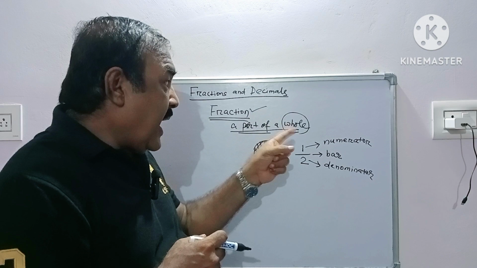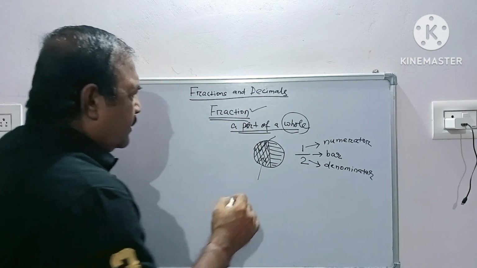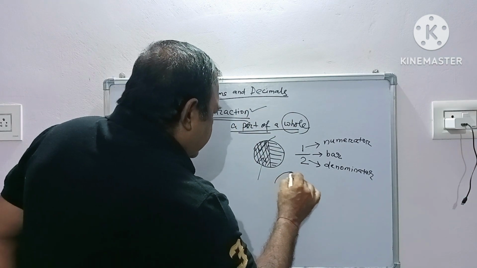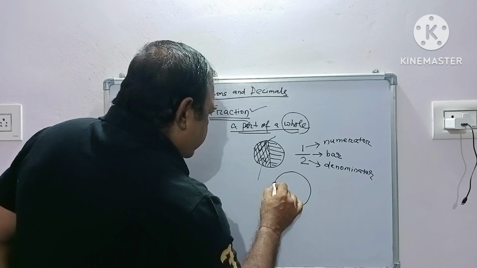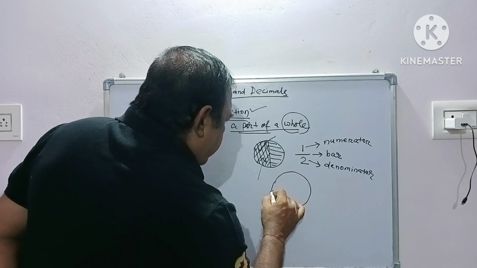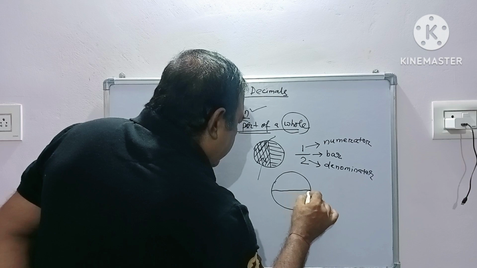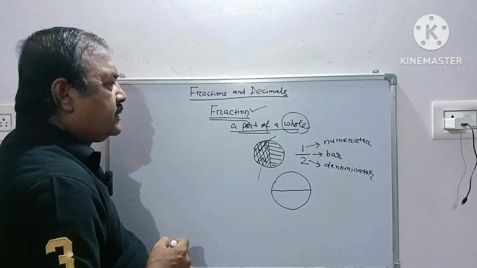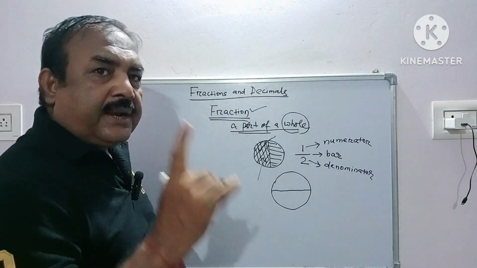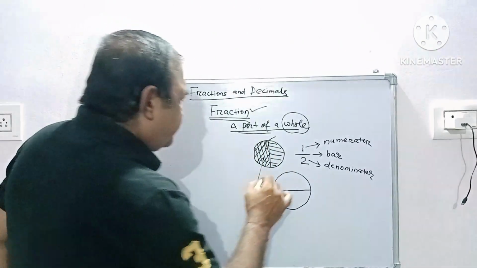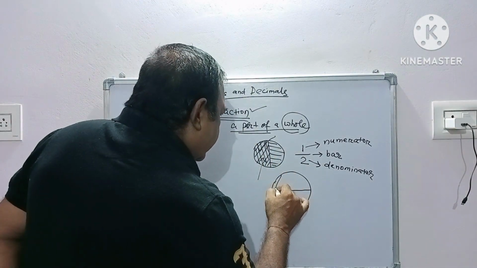What roles do they have? This is one piece of bread, and I have to divide it into two equal parts, and I have to take one part out of it. Suppose I want to take this part.